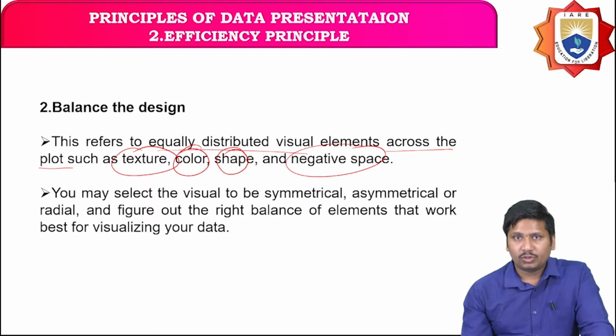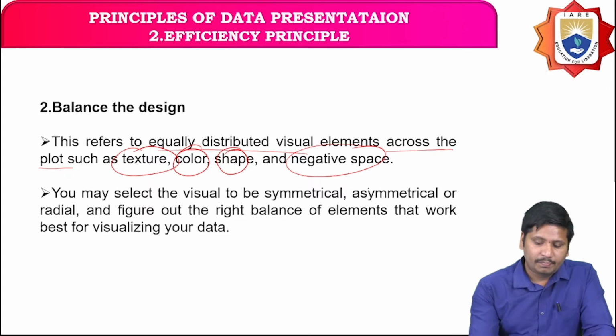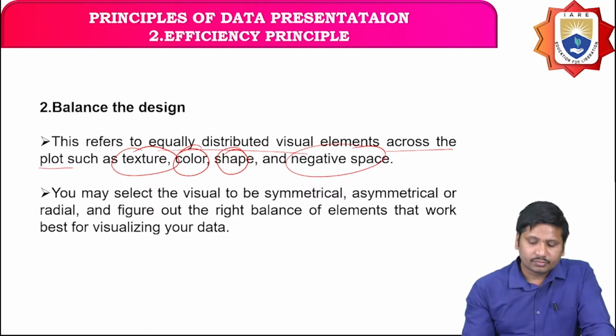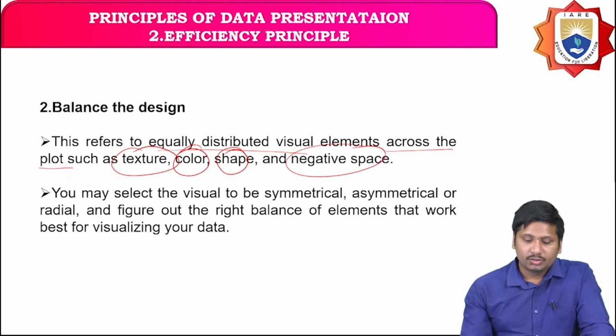If you have more text and some text is going to be missed, try to adjust the size of the text and its color, or adjust the shape and the negative space. These three kinds of things we have to follow for balancing the design.